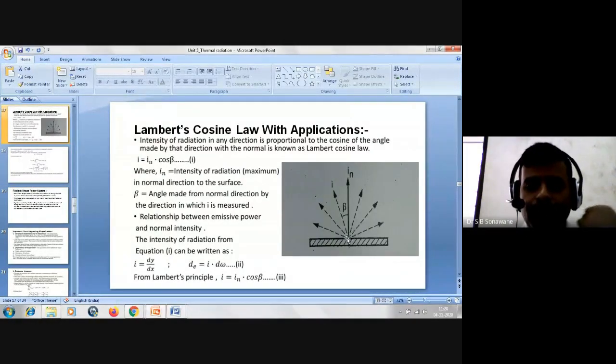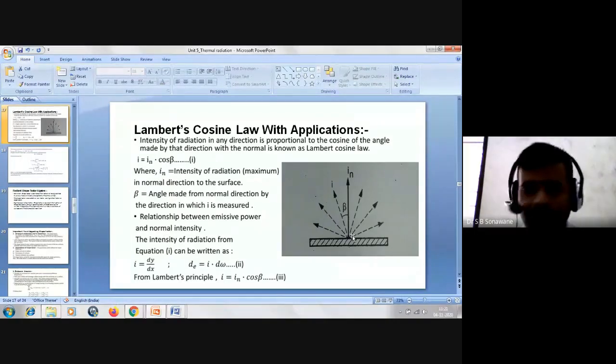Since this radiant energy is emitted in all directions, the intensity of radiation I have noted with letter I. If it is emitting exactly perpendicular to this surface, I have represented it as the intensity of radiation in the normal direction.